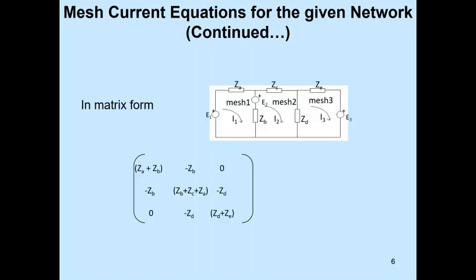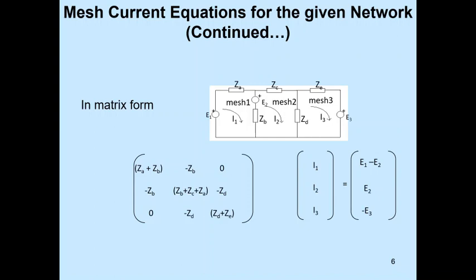In matrix form, we can write the same three equations like this. See here, ZA plus ZB, minus ZB, and 0 are the first equation coefficients. The second equation coefficients are minus ZB, ZB plus ZC plus ZA, and minus ZD.